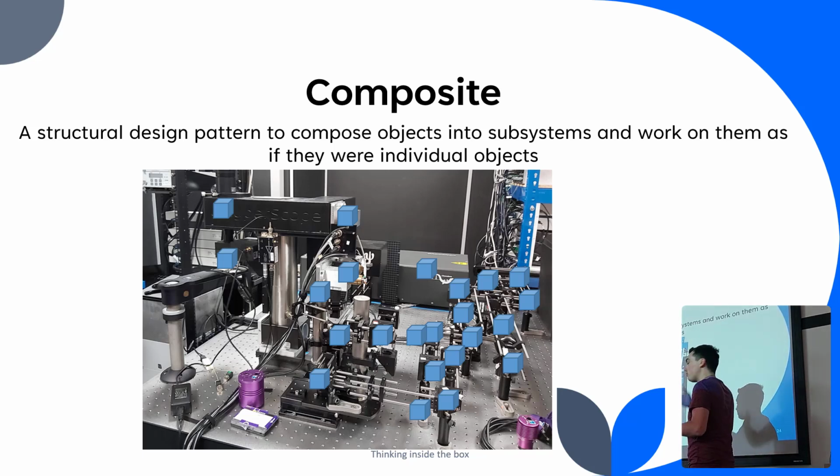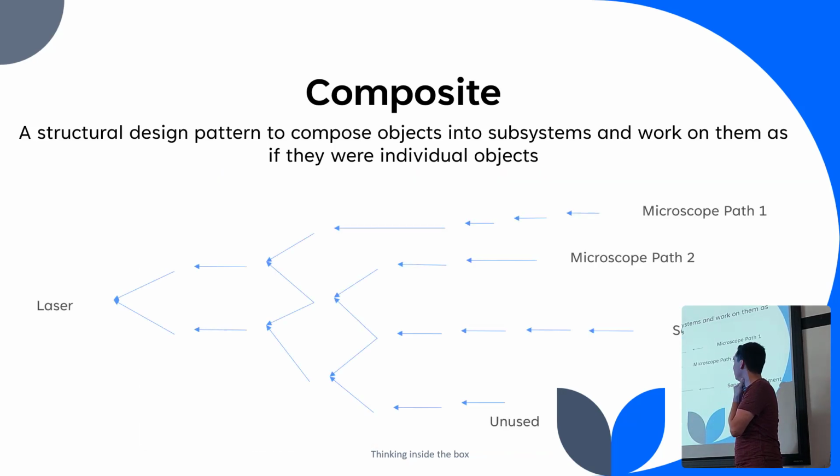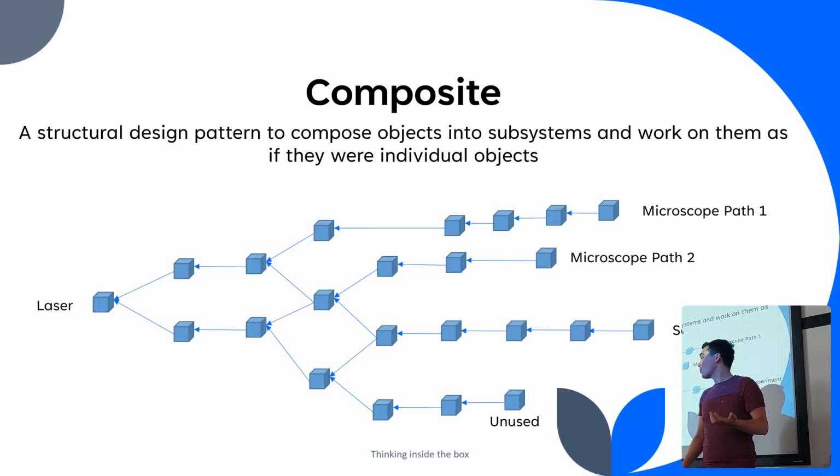So with all of that flexibility, how do I calculate what the sample is actually getting? Well, it's the composite pattern. That composite pattern, I could effectively say I have a laser here, and that laser could be branched into maybe 2 separate wavelengths, or it could be a dual wavelength laser.